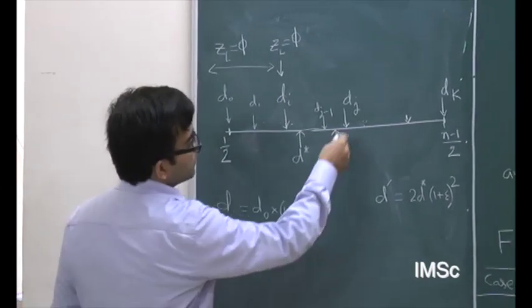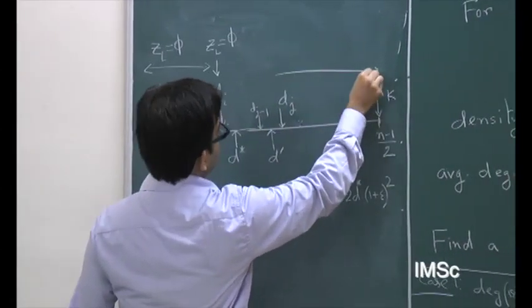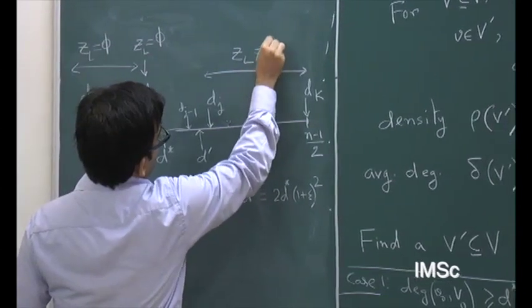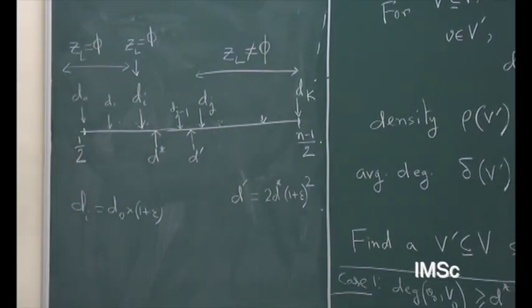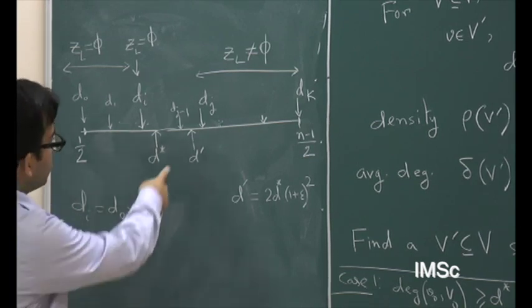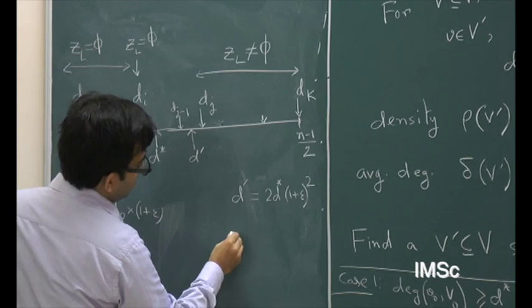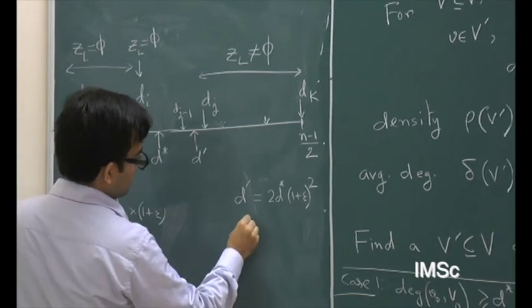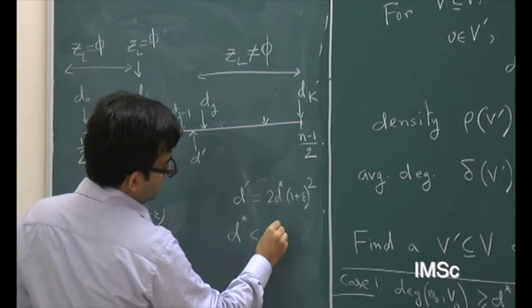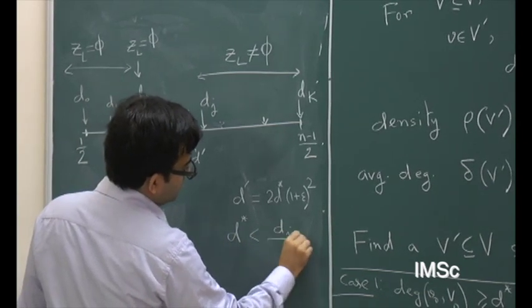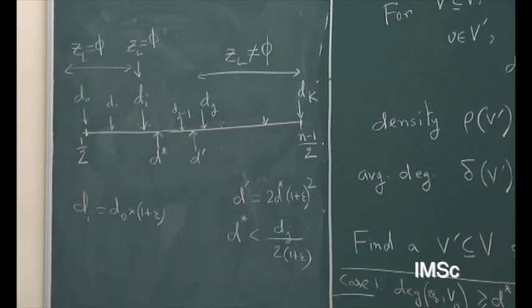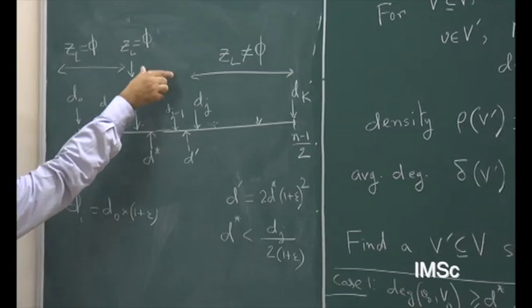On the other hand, in this range the topmost layer will be non-empty, right? Because you know that d star is less than dj over... okay. In between you do not know anything.